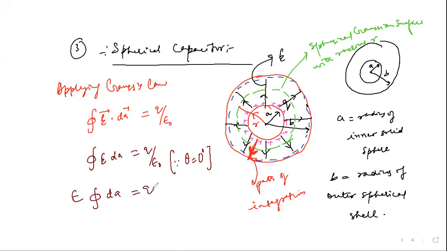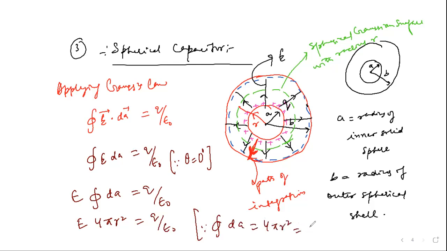It will be E 4 pi r square is equal to Q by epsilon naught, because closed integral dA is 4 pi r square, which is the surface area of the Gaussian surface, which is spherical, right?